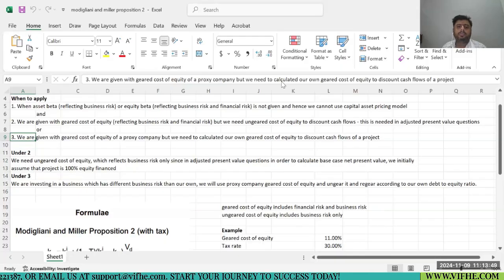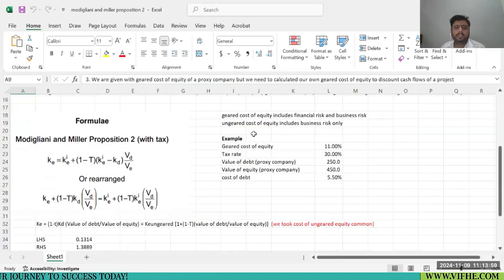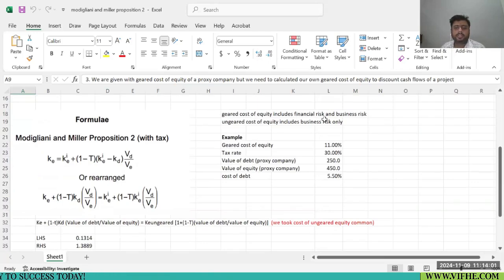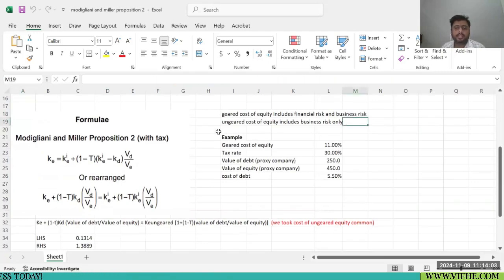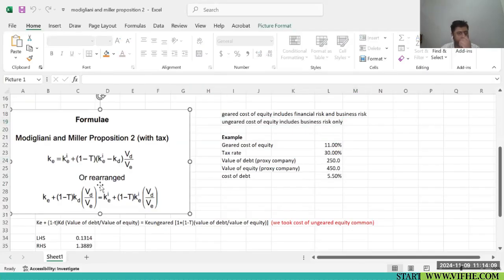Now coming to the real area, that is the application of the formula. When we have to apply the formula, we have to remember that there is a geared cost of equity which includes financial and business risk, and ungeared cost of equity which includes the business risk only. And the formula in your newly issued formula sheet looks like this.